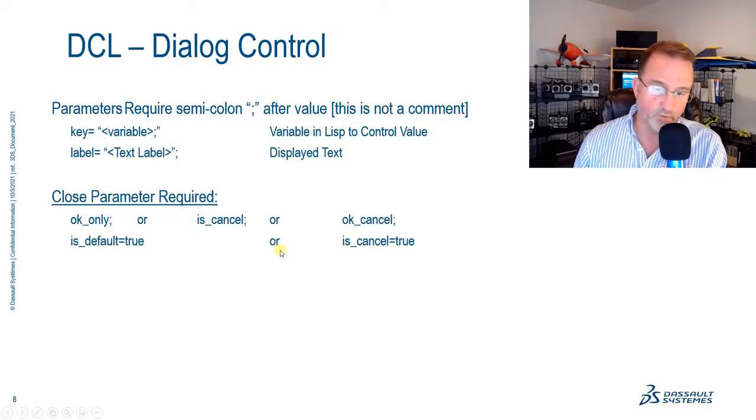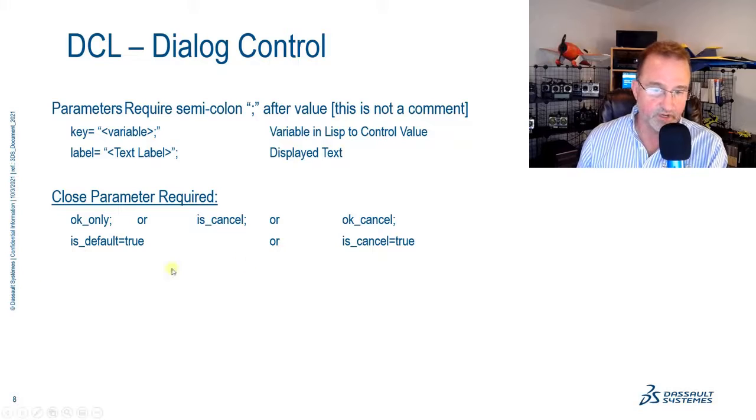Now this is kind of an important thing because I catch myself doing this often where I'm creating a dialog box. If you forget to put one of these close parameters inside of the dialog box, there's no way to turn the dialog box off, and so I've often gotten into a situation where I've actually had to Control-Alt-Delete to get to my task manager and shut down my CAD program just so I can go back in and redefine these dialog boxes.